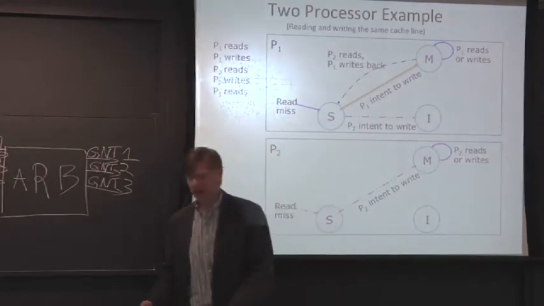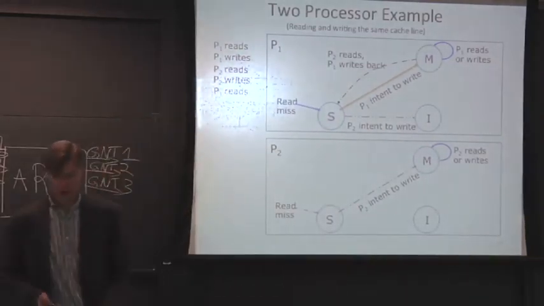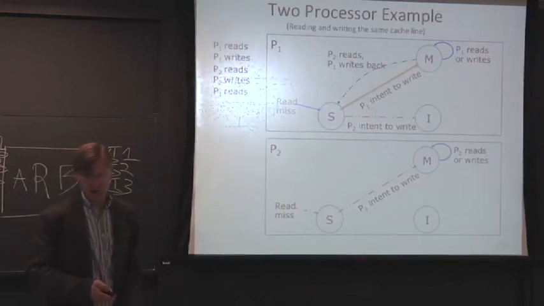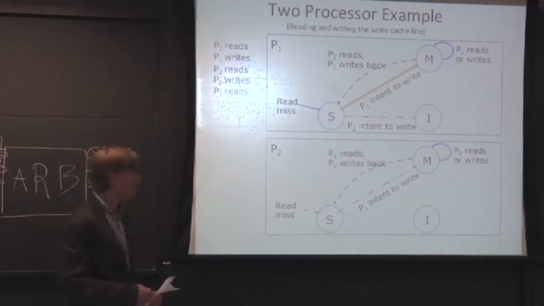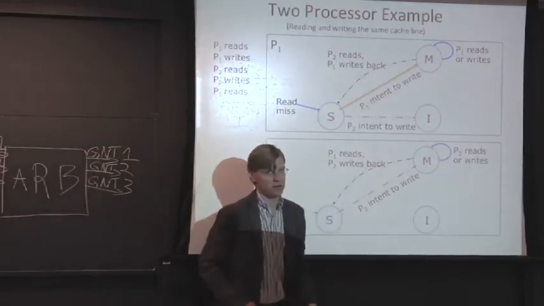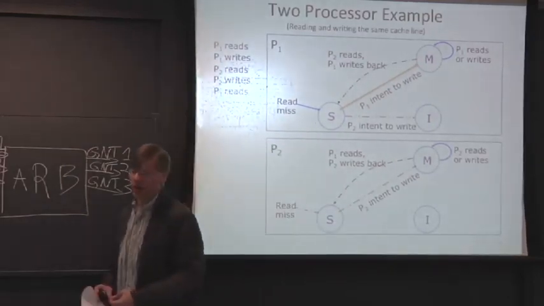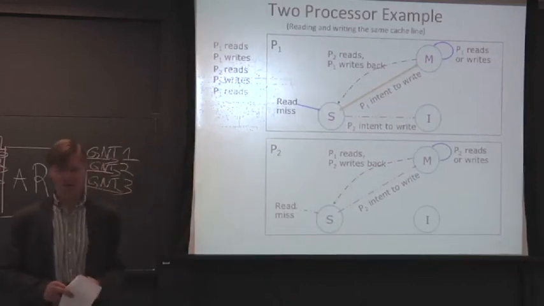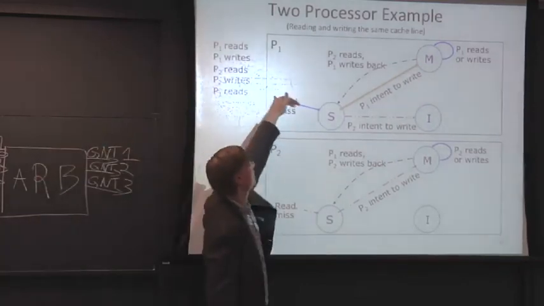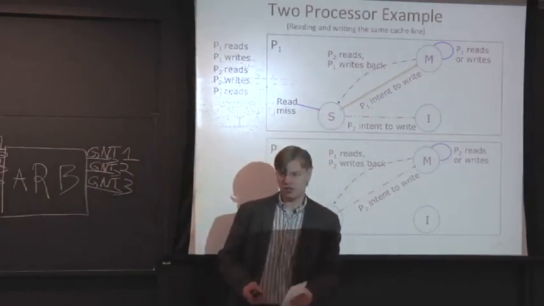So we're going to have to wait for the write back to occur here from modified to shared. So it's going to invalidate that data. And then finally, processor 1 is going to be able to bring it into the shared state.